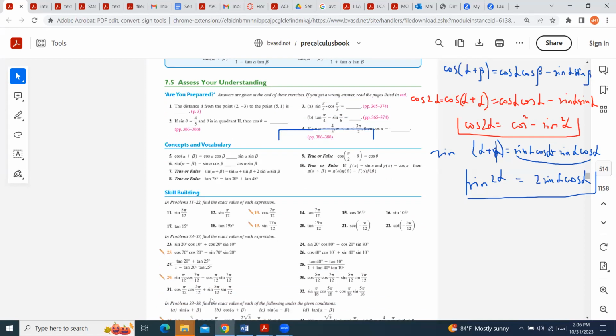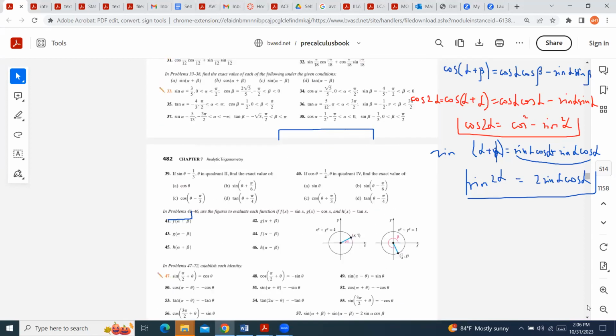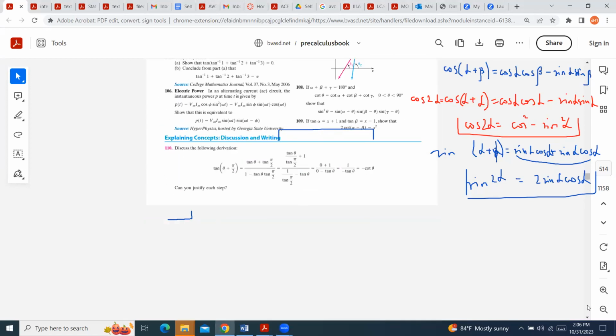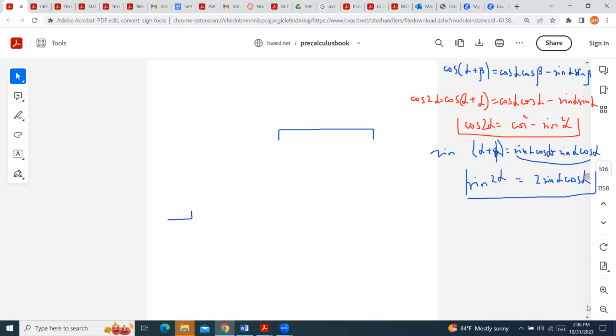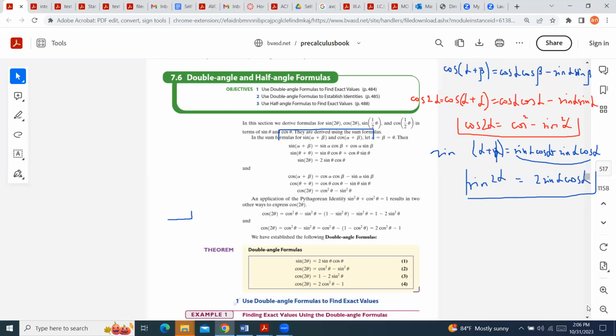So let me try to get, let's say, exercise number 11 here. Actually, I think that's the next section. So this is what we did last time already, right? I'm going to move to the next section because I just produced two formulas for double angle, that's section 7.6.